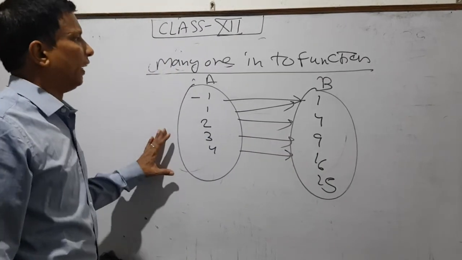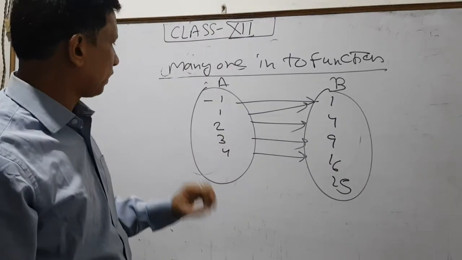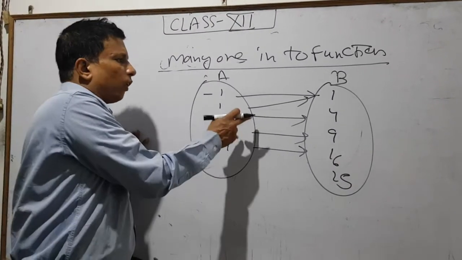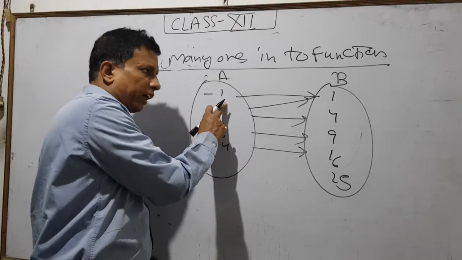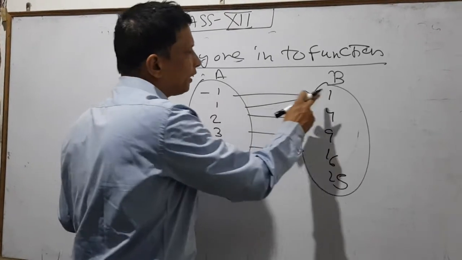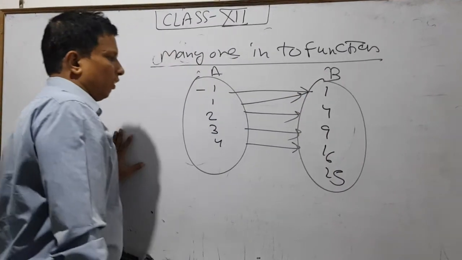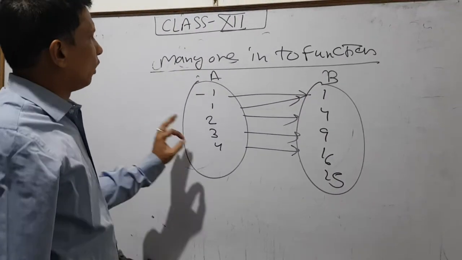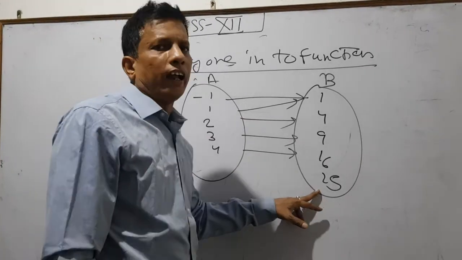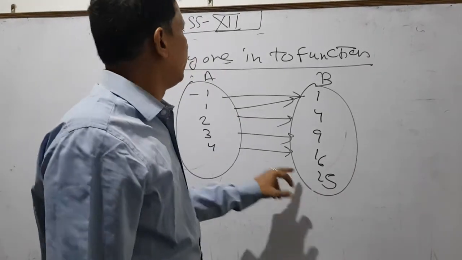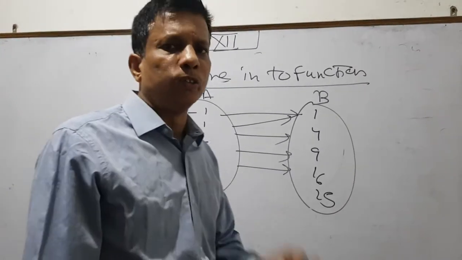This is known as many-one into function. Why is it many-one into function? It is many-one because two elements of A have an image in B from one element. And why is it into? One element is left in B. Therefore, it is known as many-one into function.